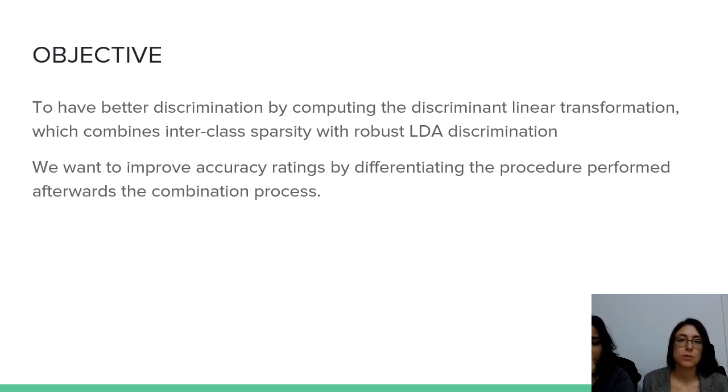As the main goal of the previous work was to improve discrimination by computing the discriminant linear transformation, which combines interclass sparsity with robust LDA discrimination, we want to improve the accuracy values here by proposing a post-processing procedure to achieve higher classification performance.